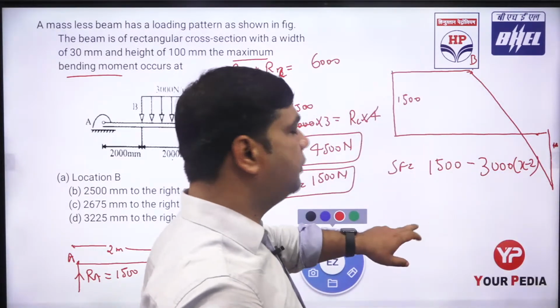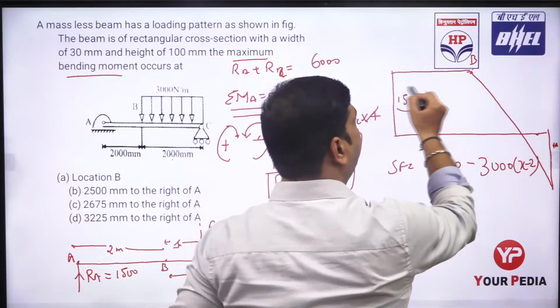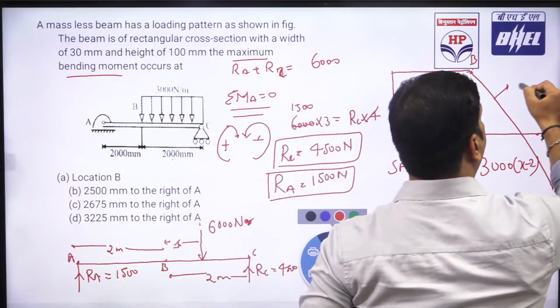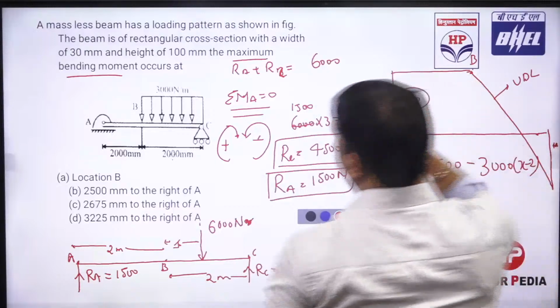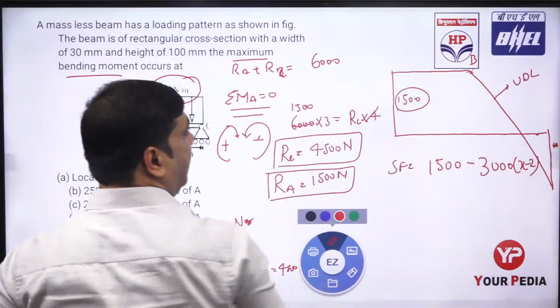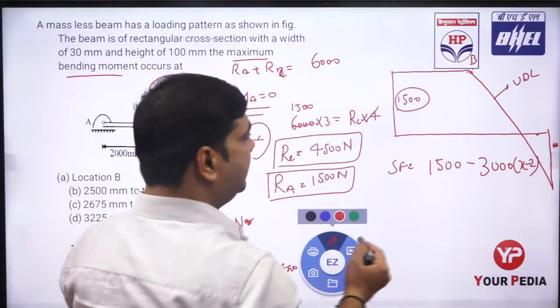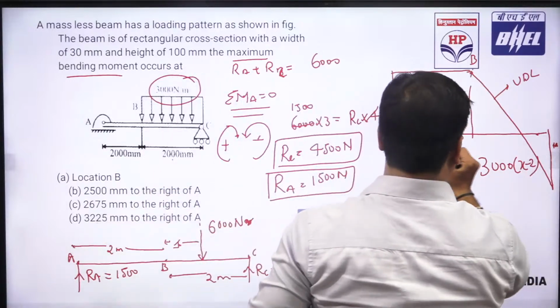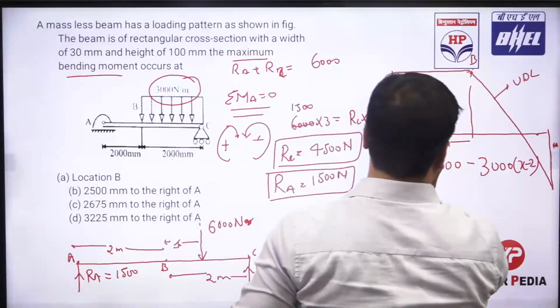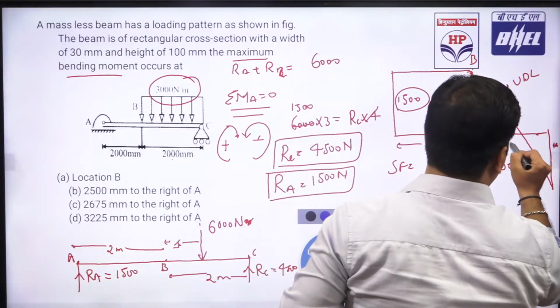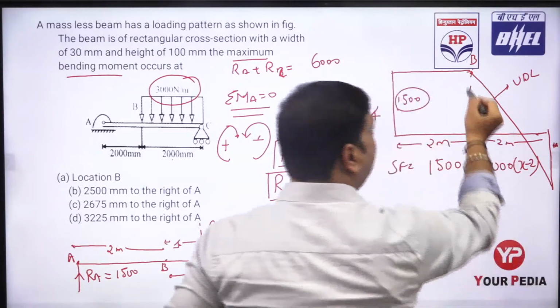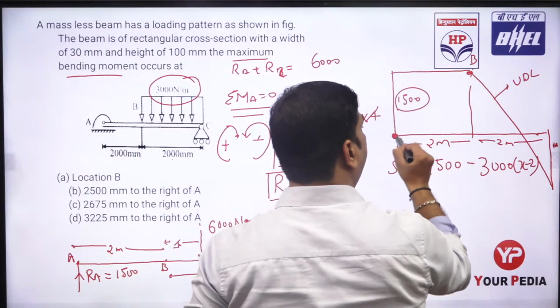Why? The shear force is this force 1500, and this line is due to the UDL, and the UDL has the value of 3000 Newton per meter, multiplied by the distance. So this is starting from this point, this is 2 meter, and this is again 2 meter. We are taking the shear force from that point.